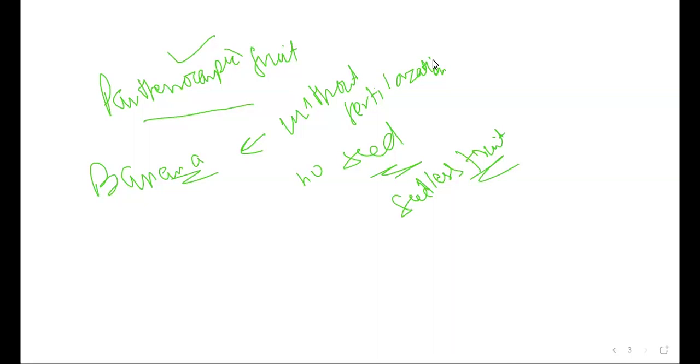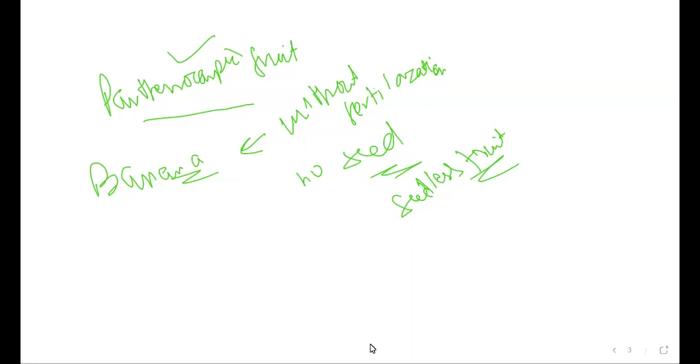That means there is no seed, because seed will be formed only after the fertilization. There is no fertilization, but the fruit has matured, and such fruits are called the parthenocarpic fruits. Fine.